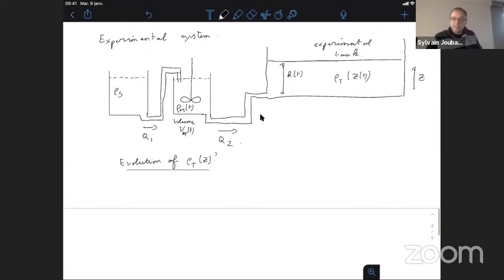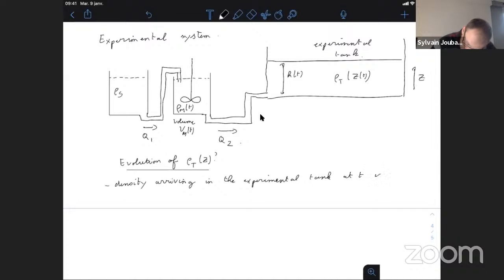So basically the density that is arriving in the tank at t is the density taken from the tank where the fluid is mixed, the middle tank.